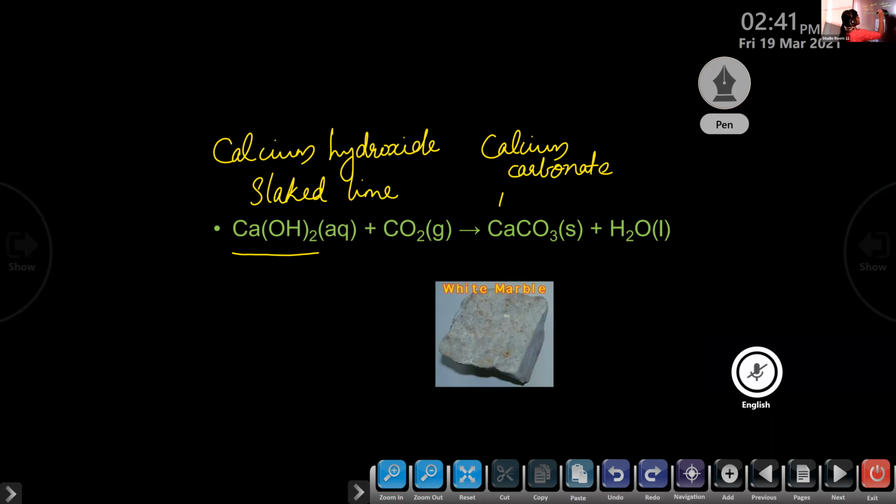Calcium carbonate, marble. Clear? Due to the formation of this calcium carbonate, we get the shiny appearance on walls.